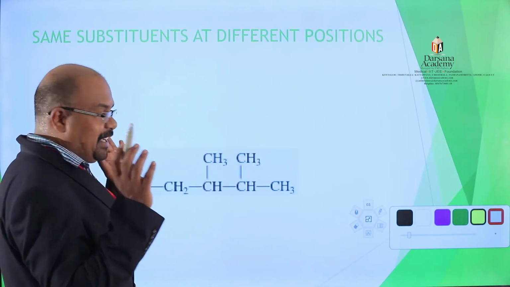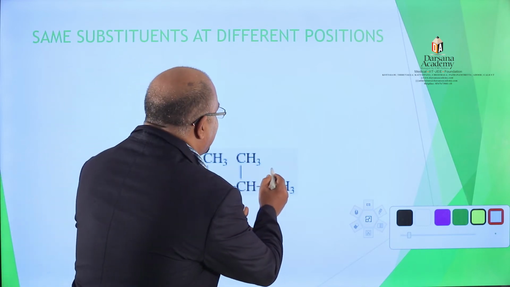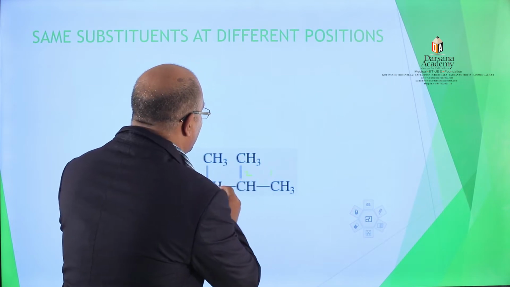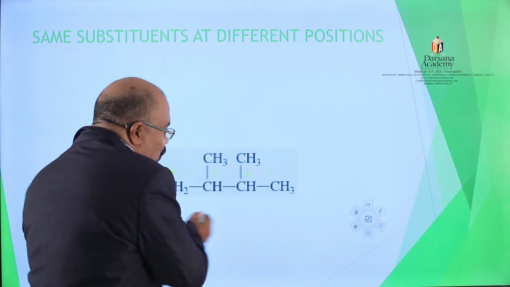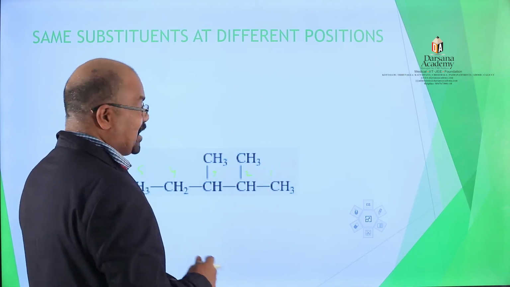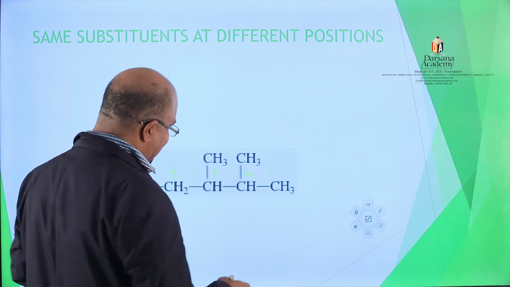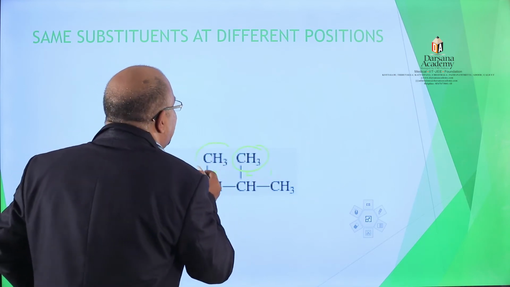The longest chain we are finding, and the substituents will get the lowest number. So we start numbering from here: 1, 2, 3, 4, 5. So pent is the root word. What about the substituents? The same substituent, at the second position and the third position.